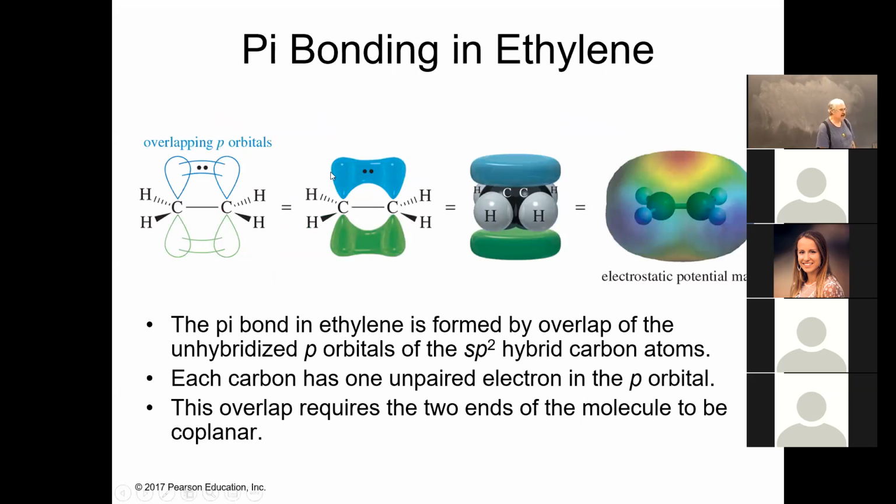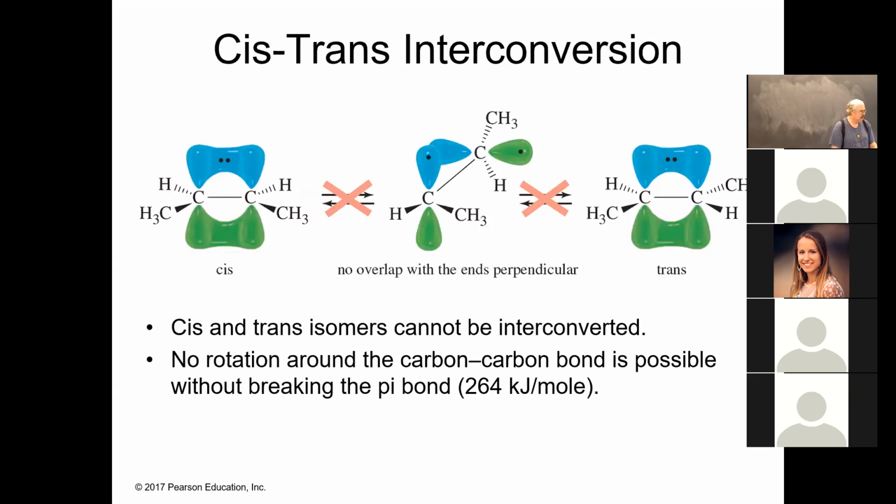This last diagram, the electrostatic potential map, is critical to explaining why alkenes react the way they do. The region of the pi bond is very electron rich, so these will attack electrophiles. You do not have free rotation in a pi bond.